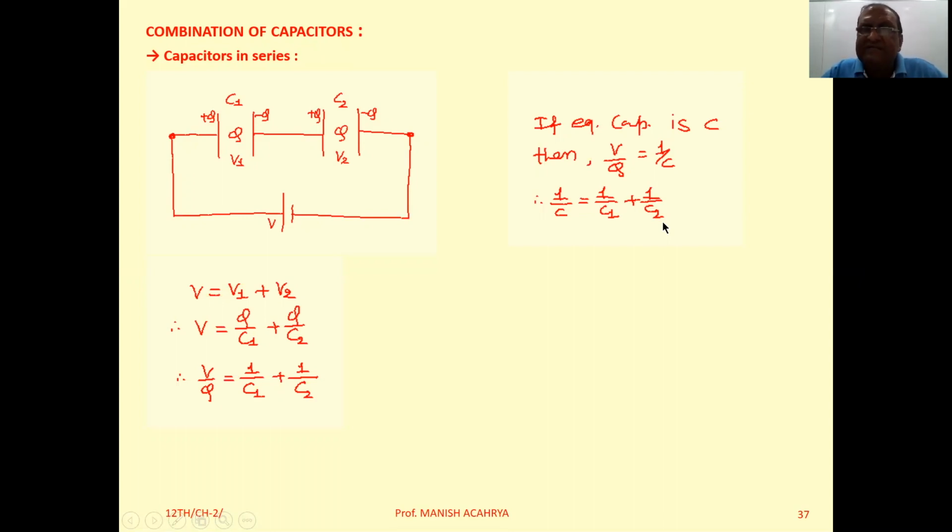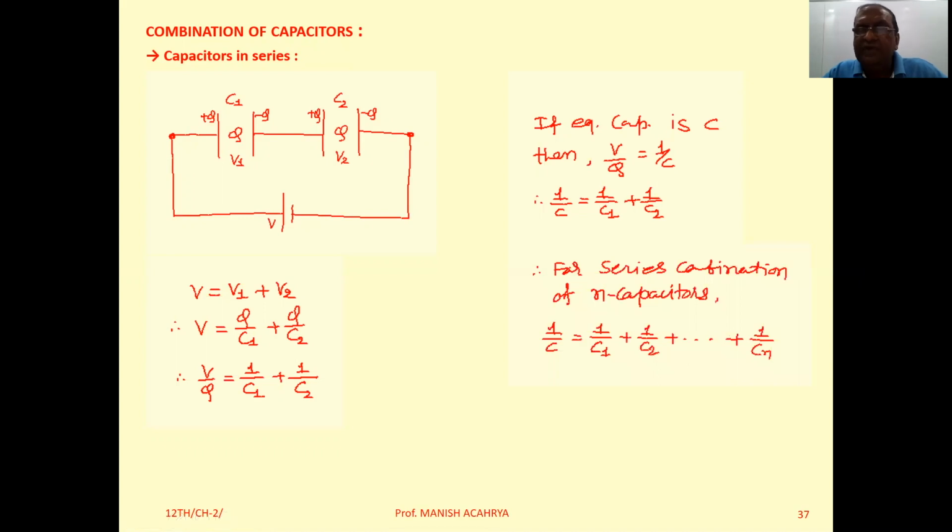It implies that if we have a series combination of n capacitors having capacitances C1, C2, C3, C4 up to Cn, then the equivalent capacitance is given by 1 upon C equal to 1 upon C1 plus 1 upon C2 up to 1 upon Cn.